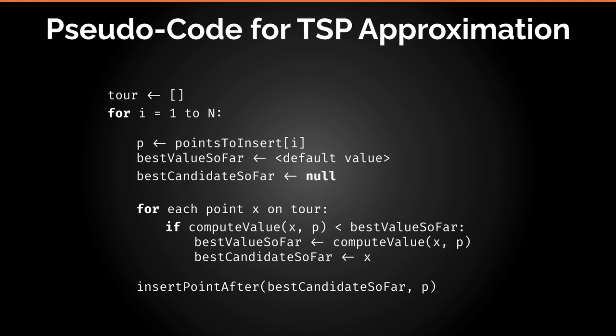And as you update this best candidate, at the end you know where you should be making your insertion. So this shows you something that people have asked in these questions, which is: do we have to look at all of the points? And yes, you do. You have to look at all of the points that are already in the tour when you're inserting a new one.